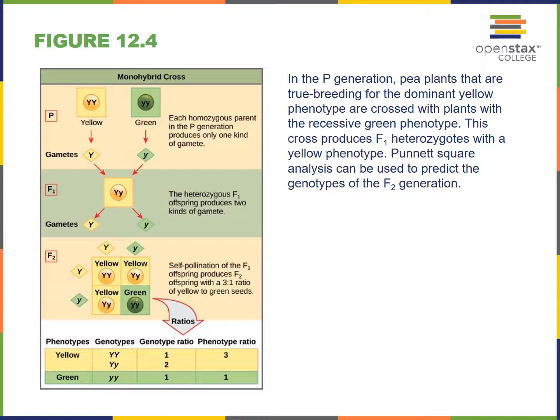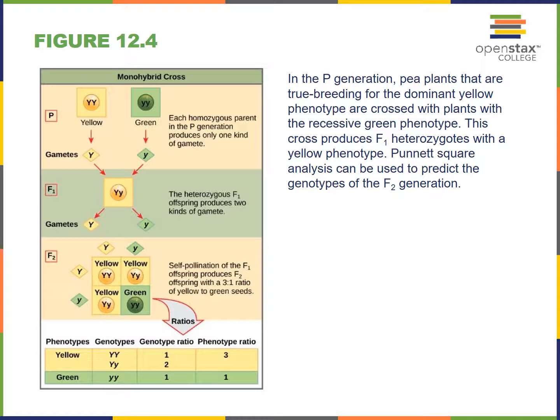And he had some true breeding plants that created green seeds. That means anytime he crossed them with each other, they always made green seeds. He took plants that were creating yellow seeds, and he crossed them with plants that were creating green seeds. True breeding plants for both of them. So that first cross he did was the parental generation, and that is a monohybrid cross because he's crossing two true breeding plants.